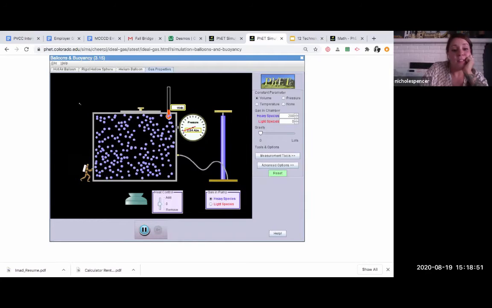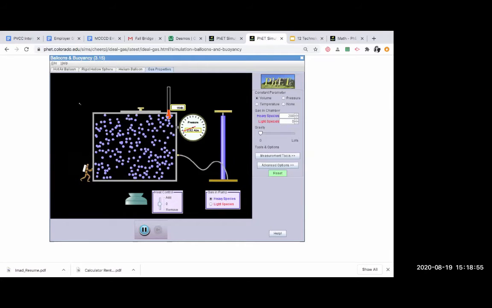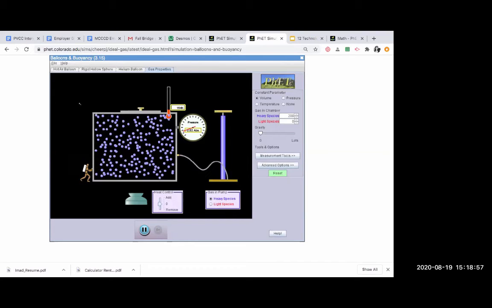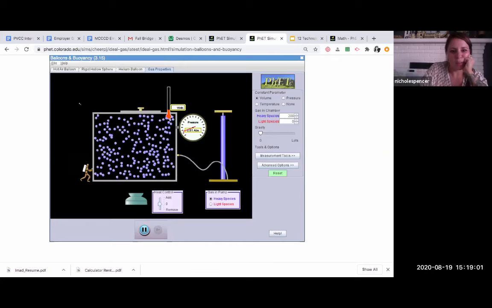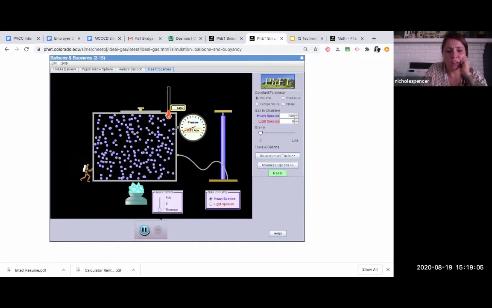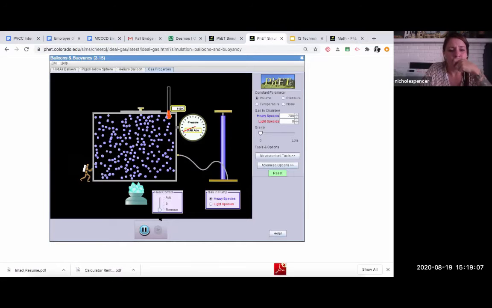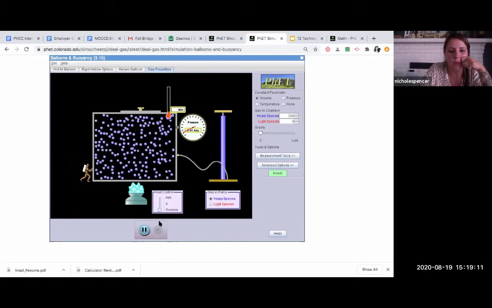What about the physical behavior? They're not as excited. Not as excited. Moving slower, closer together, if it's colder, as we would describe.